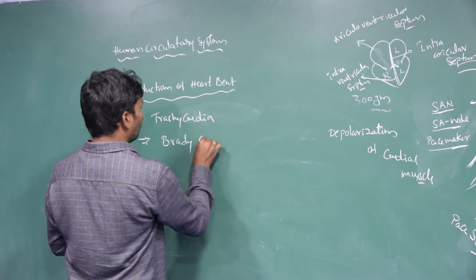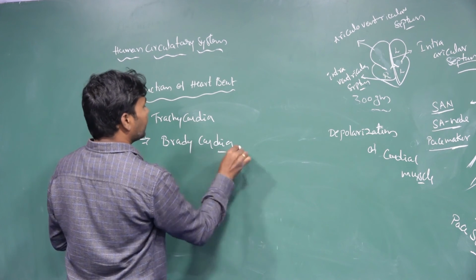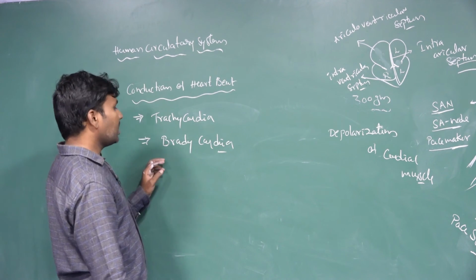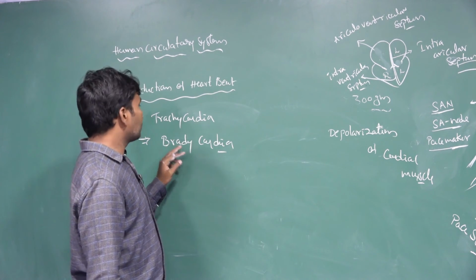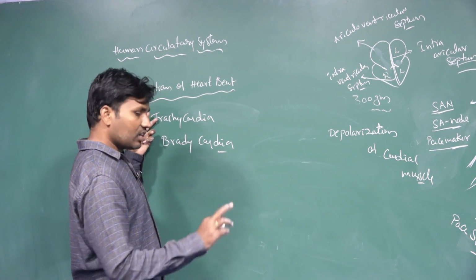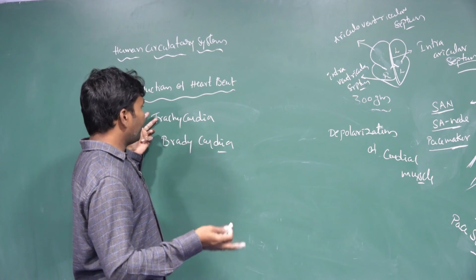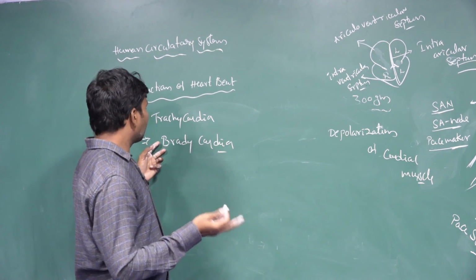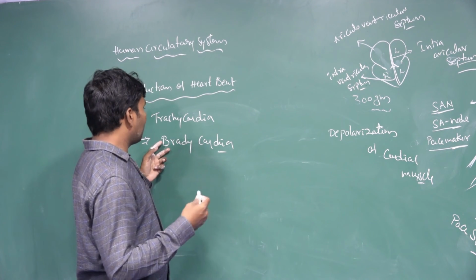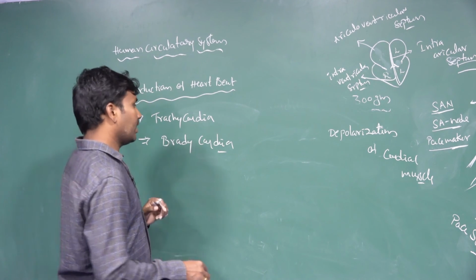When it is beating slowly, with a lower number of beats forming, that is called bradycardia. So tachycardia is an over beating process and low beating is called bradycardia.